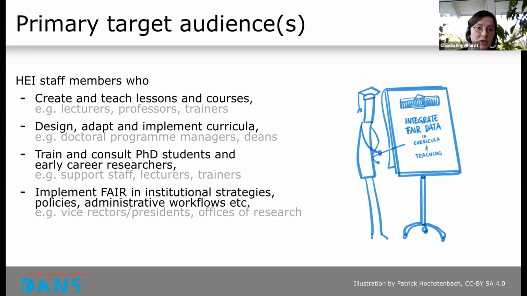But there are also staff members who design, adapt, and implement curricula, so more on a meta level, for example, doctoral program managers or deans. There are also staff members training and consulting students and early career researchers or researchers in general.